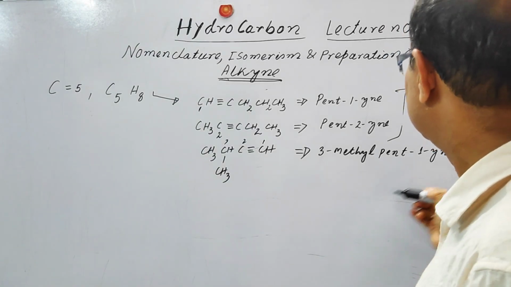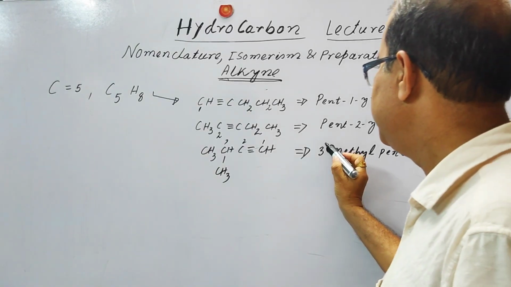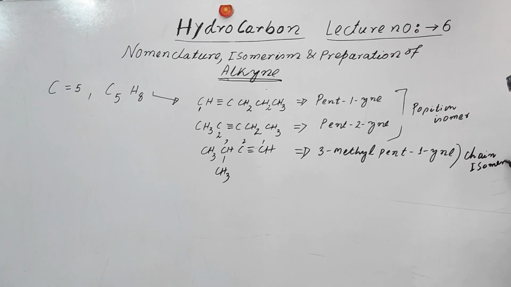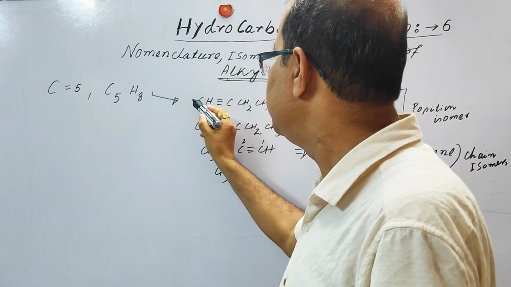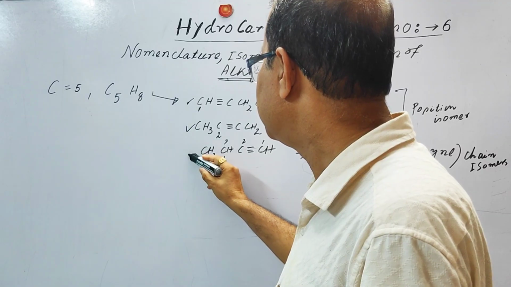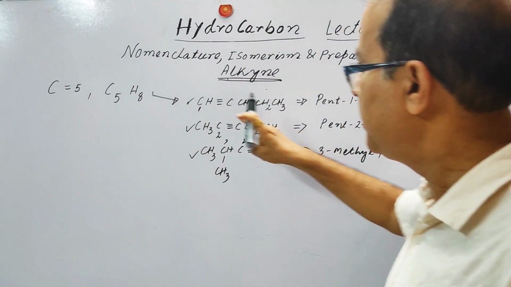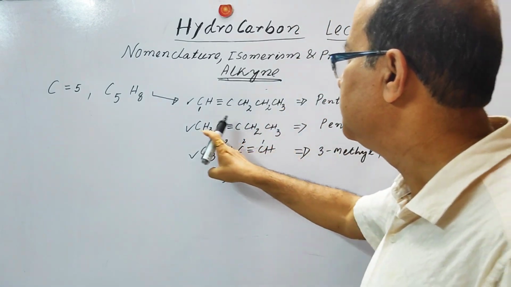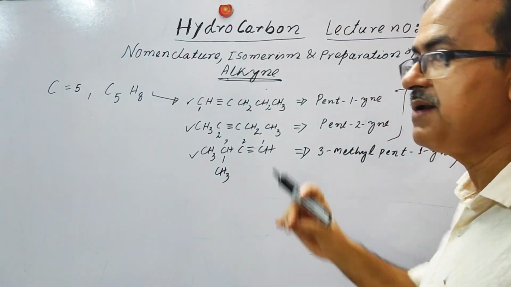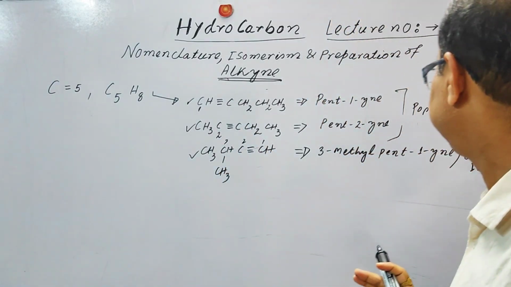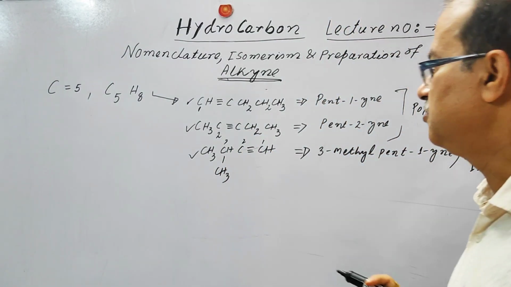Okay. So these isomers we can say are chain isomers, because here it is a single chain, and here you can see there is a branching. One CH3 group has been branched in this compound. So this is chain isomer.